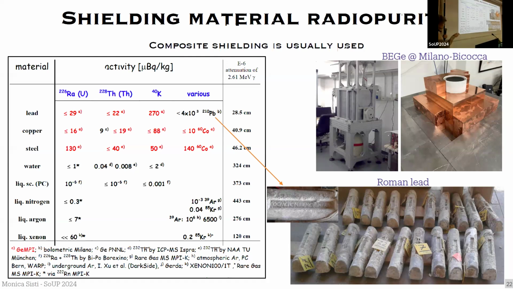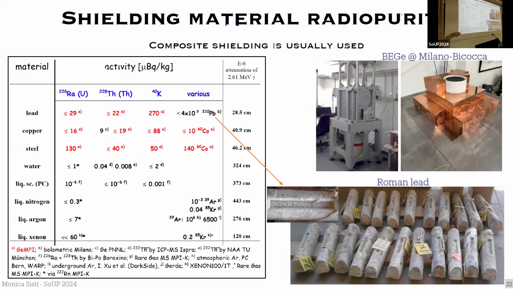This gives me the occasion also to highlight one of the custom techniques that are possible. To measure the lead-210 content in this Roman lead, a bolometric detector was built where the absorber was a piece of Roman lead, to measure the radioactivity content, in particular the lead-210 content.